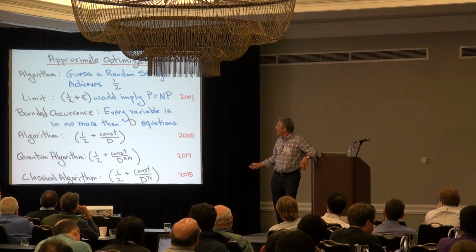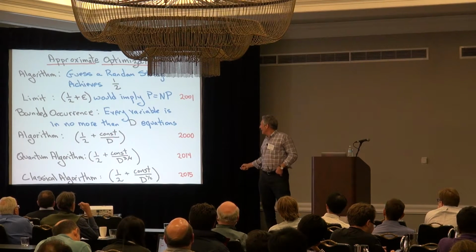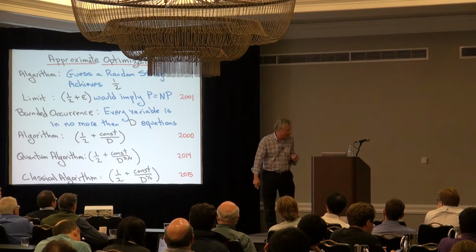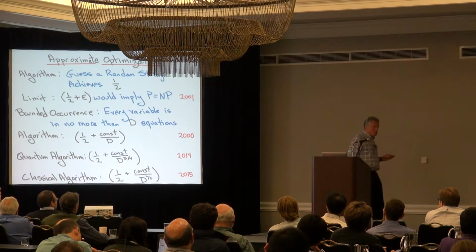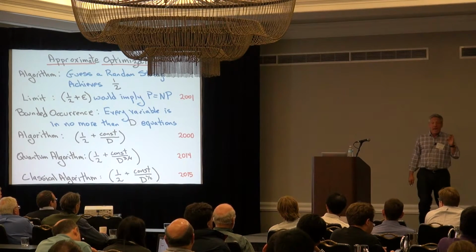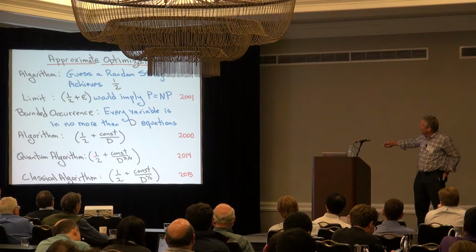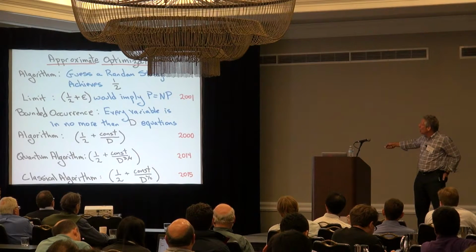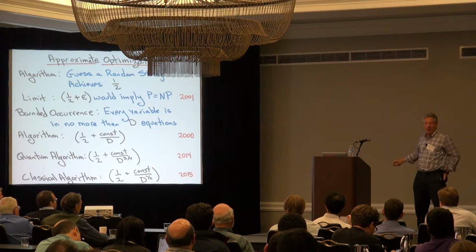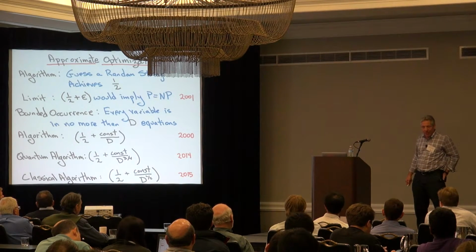Now, but there was another thing we did here, which was the following. We actually showed that the computer was going to output a string that satisfied this many times m of the equations, where there are m equations.